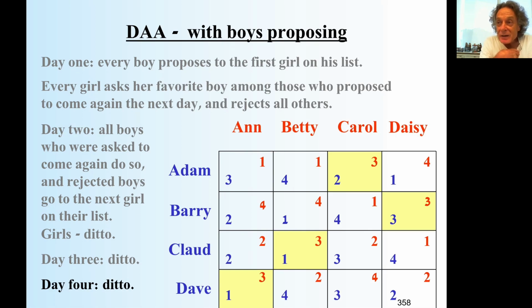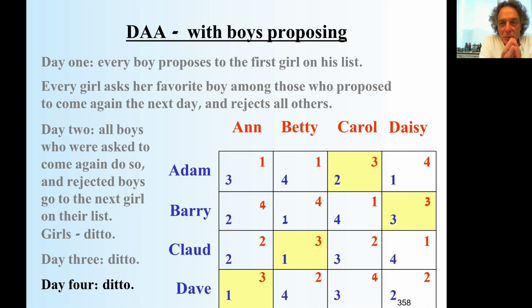A girl that gets two or maybe five leaves the one that she likes the most among those she got and rejects all the others.